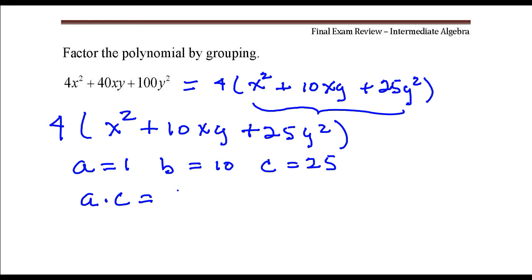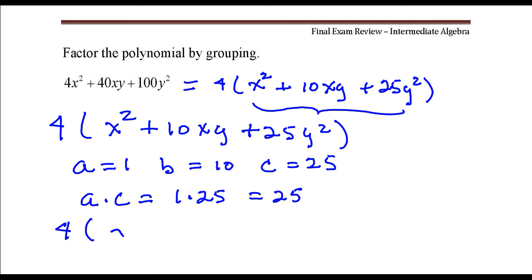A times c, that's 1 times 25. That's 25. Okay, so now we're looking for two numbers that multiply together to give us 25, but when you add those two numbers together, it will give us this coefficient, which is 10. And those two numbers would be 5 and 5.